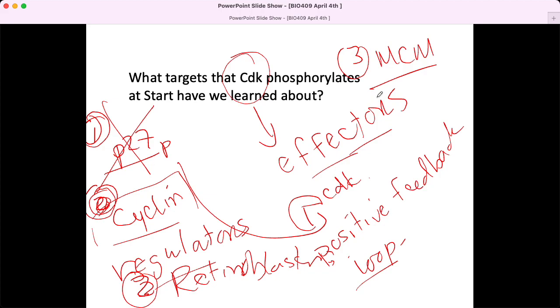So let's just go back and look again at retinoblastoma. Not because we should or something, but just to underscore that the stuff we're talking about in class just goes boom, boom, boom, because it's just fact.